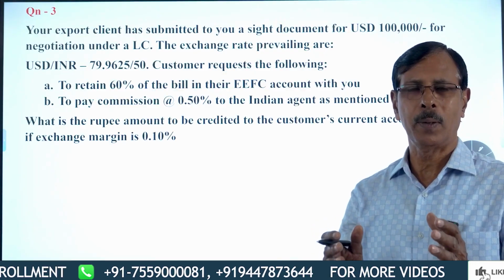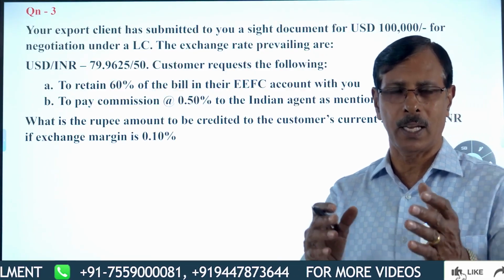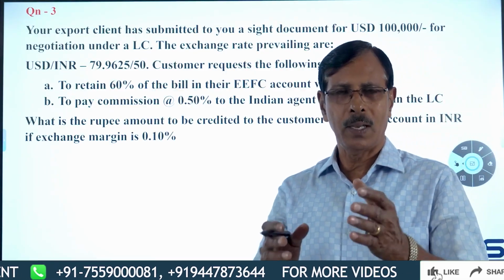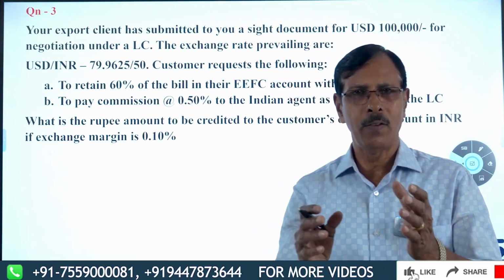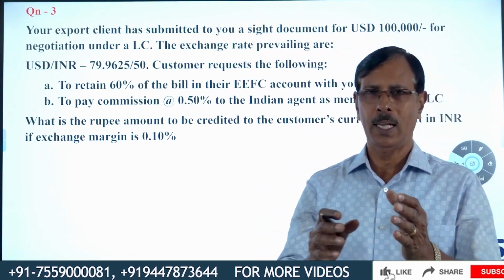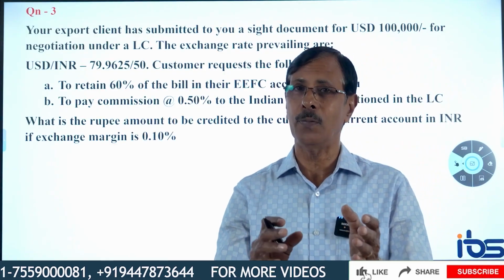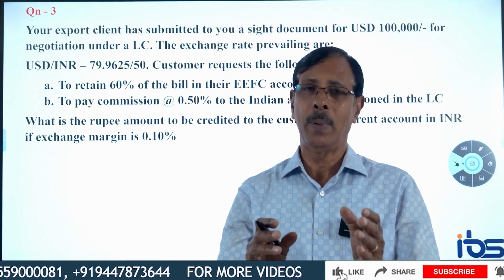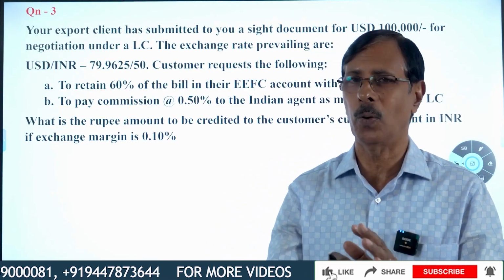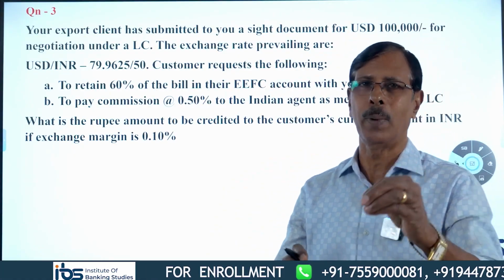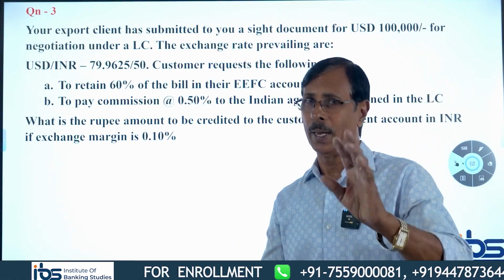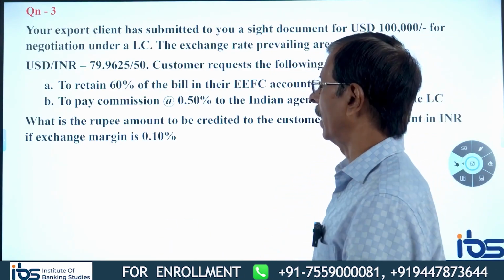Export customer means he is exporting and submitting the export bill. Whenever the term export comes, the bank is getting foreign currency, and in that case the bank will apply the buying rate. Confusion should not be there.